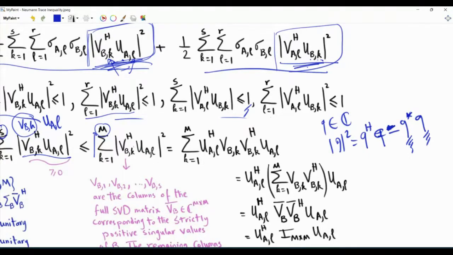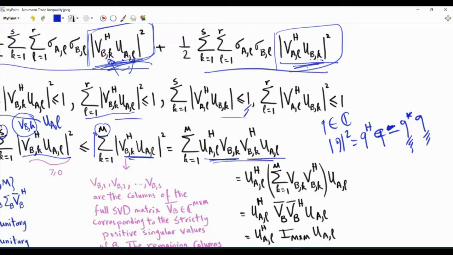So what I will do here is that we want the magnitude squared of this complex quantity, so write down the complex quantity and write down here its complex conjugate. Its complex conjugate is simply its Hermitian. And so this will be UAL Hermitian times UBK Hermitian, so it's VBK Hermitian, which is VBK.